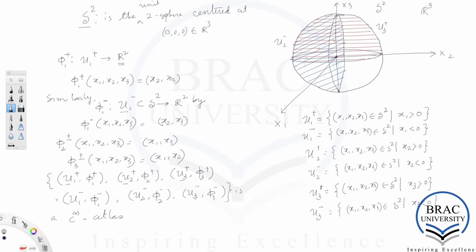These open sets cover S2, meaning that the union of all these open sets is equal to S2. Now one needs to check that the underlying charts are pairwise compatible with each other. Let's see.